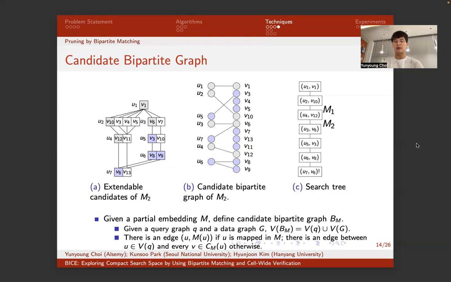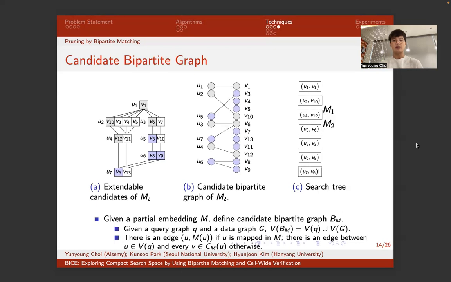In the given example, figure B represents the candidate bipartite graph corresponding to the candidate space shown in figure A. In figure B, the left side includes the query vertices, while the right side consists of data vertices. Please note that U1 and V1 are connected because U1 is mapped to V1.